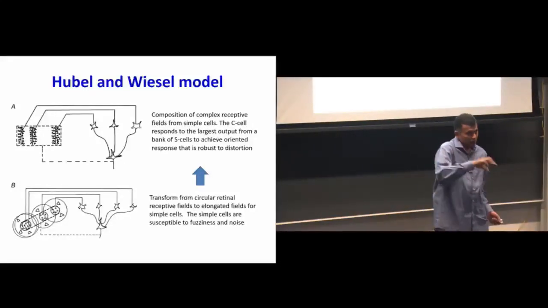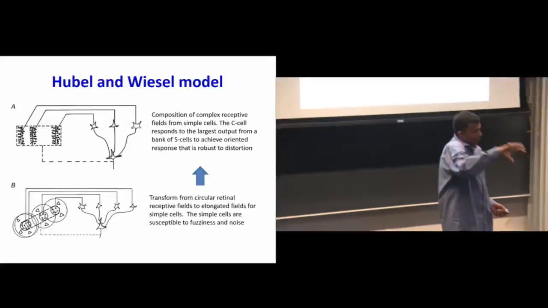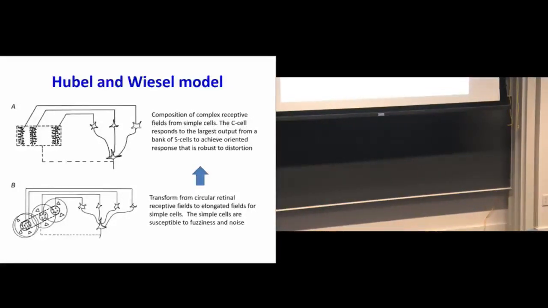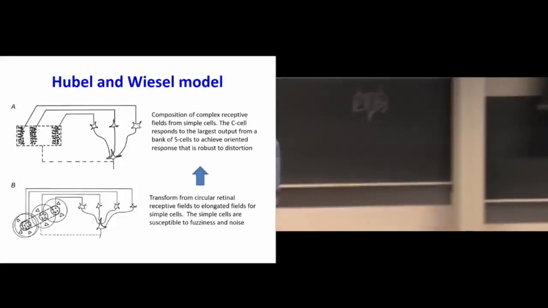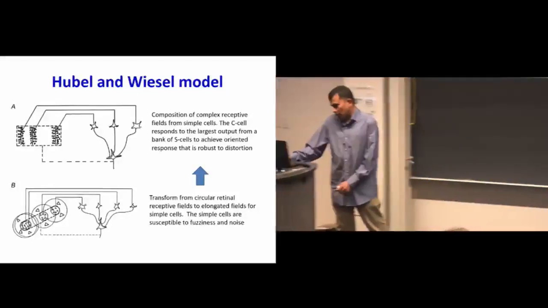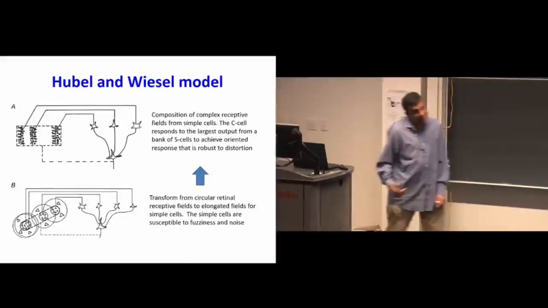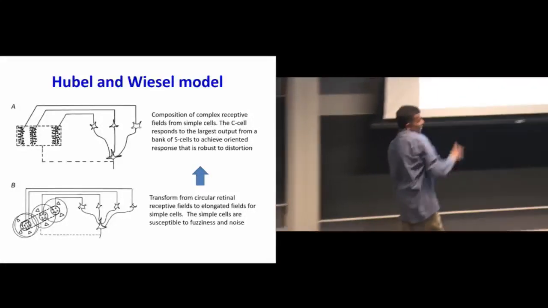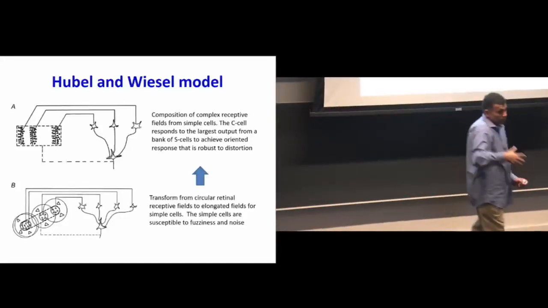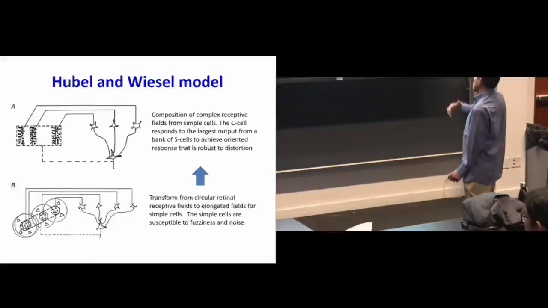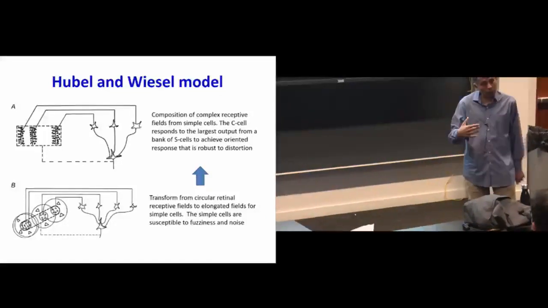So this particular S cell is going to respond to light of a specific orientation. But the S cell itself has a tendency of being confused by little spots of light. So the next level of response is done by these C cells. The C cells get responses from multiple S cells, and they only fire in response to the largest output from these S cells.